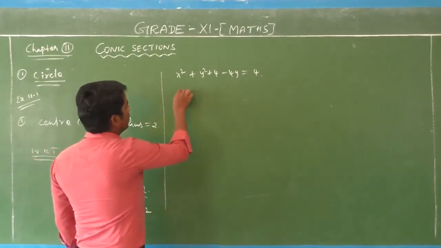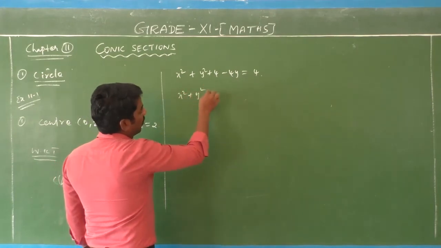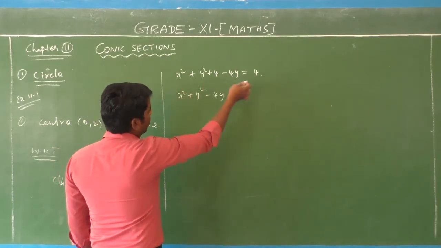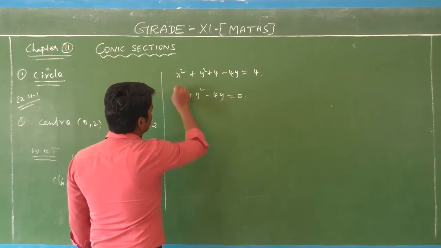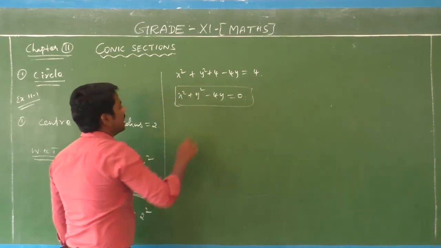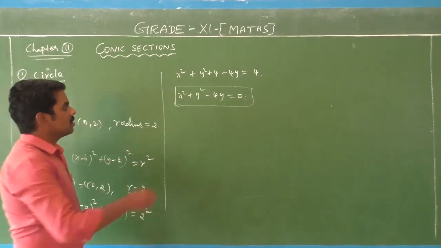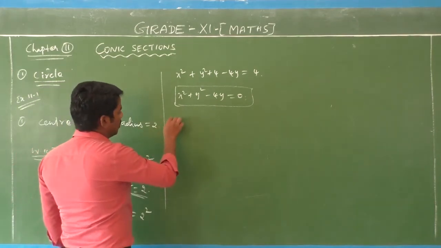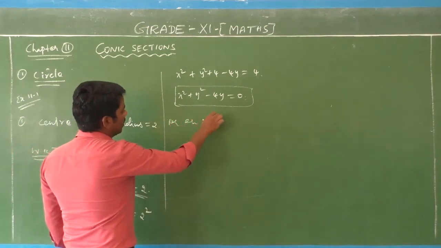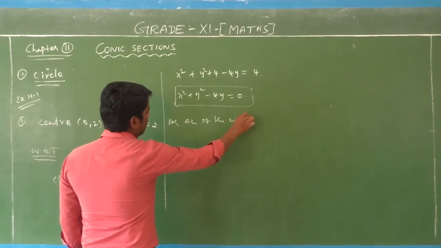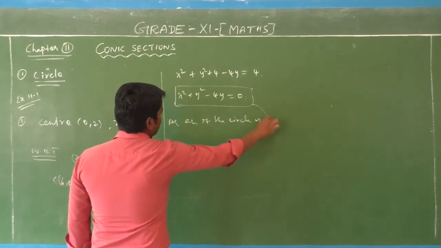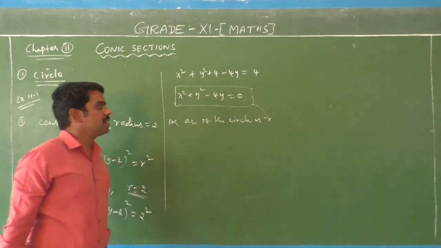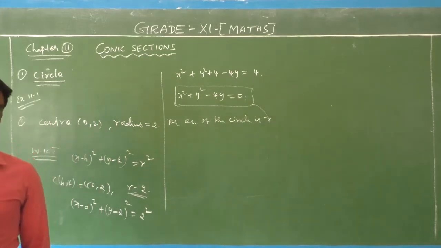So x square plus y square minus 4y minus 4 plus 4 equal to 0. Therefore, the required equation of the circle is x square plus y square minus 4y equal to 0.